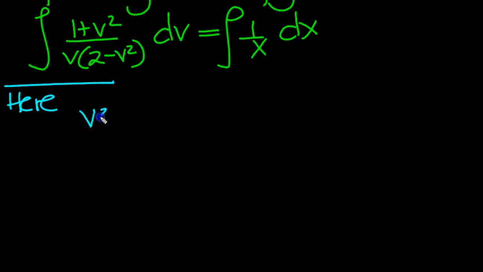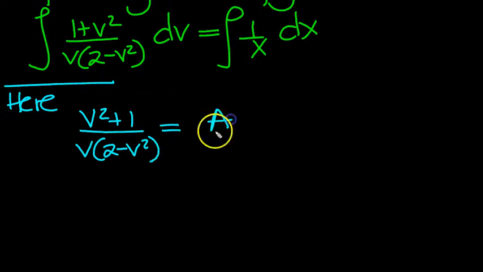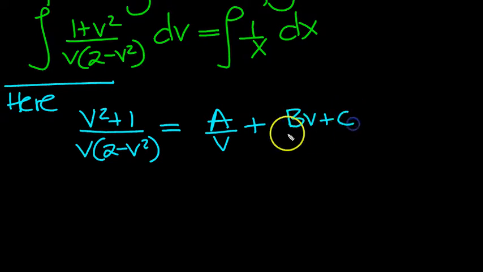So here, I'll write it as v squared plus 1 over 2 minus v squared, and I'll leave it as it is at the moment. It is equal to A over v. It's a proper fraction, isn't it? Because this is of order 2, this is of order 3, plus Bv plus C over 2 minus v squared. That's what we need to write for partial fractions.